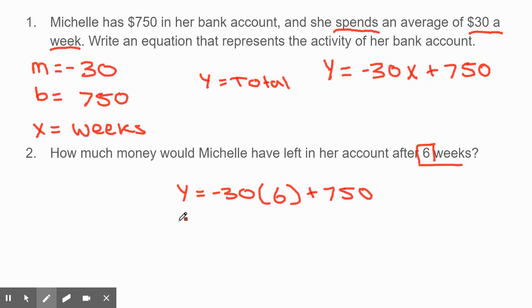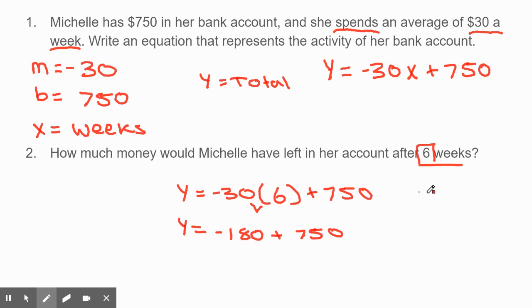We'll solve one piece at a time. Bring down the Y equals 30 times 6 is 180. And a negative times a positive is negative. And bring down the 750. So here we have 750 and a negative 180.